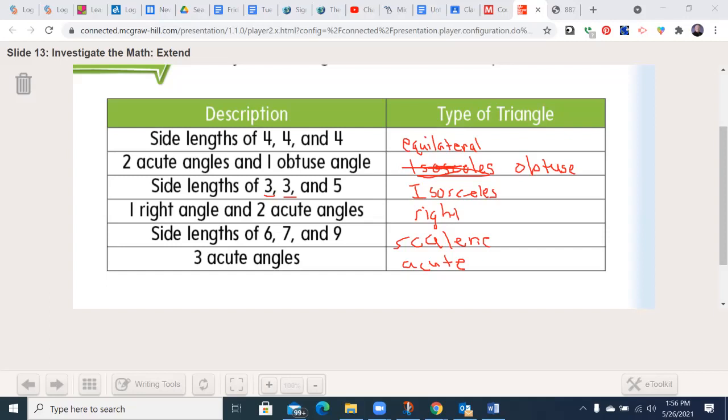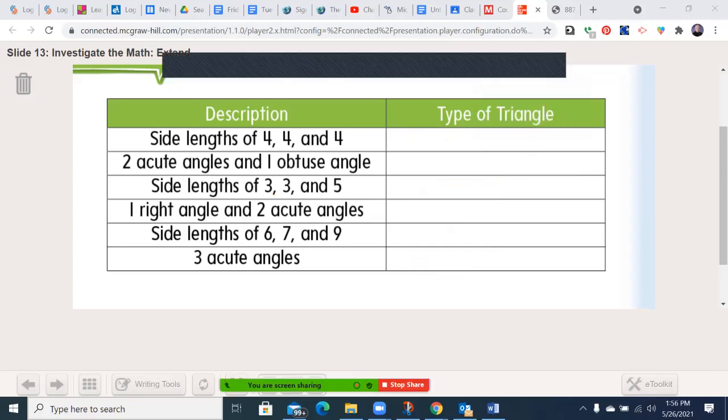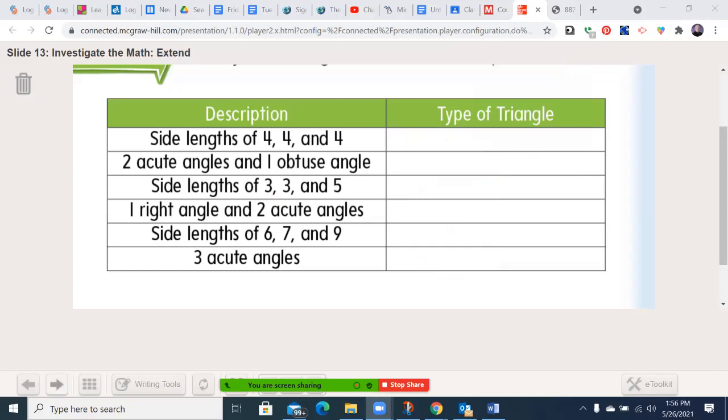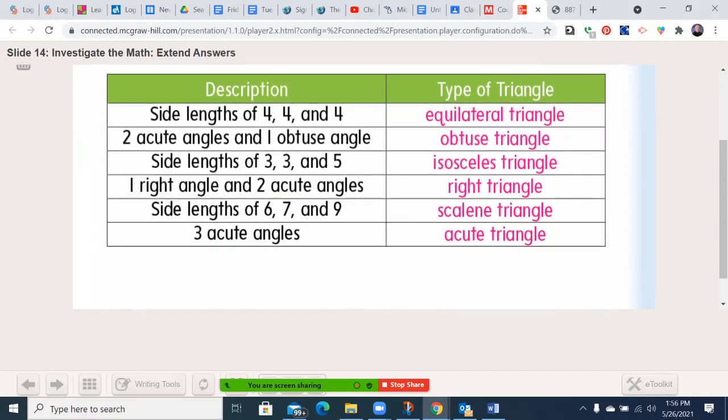And then we also have acute for 3 acute angles, right triangle for 1 right angle, and obtuse for 1 obtuse angle. So we're looking at 2 different areas. And quite frequently, if you have all the measures, you can actually pick from both lists. I'm going to go ahead and clear that.